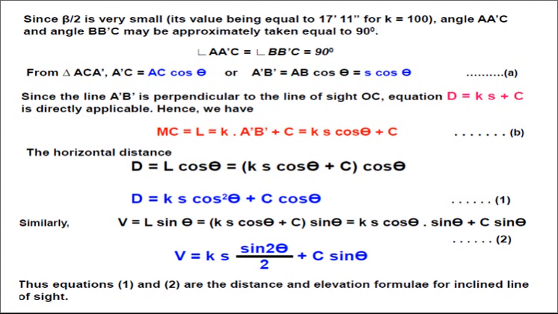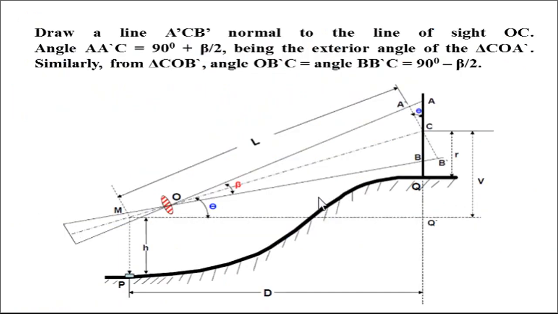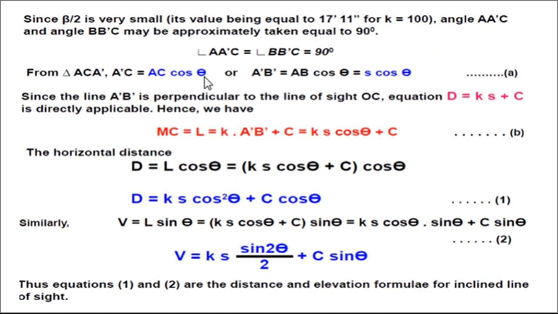See in this figure, this angle may be considered as 90 degrees, and here also B dash C may be considered as 90 degrees by neglecting the value of alpha by 2. So we have written here A dash C is equal to B dash C is equal to 90 degrees.